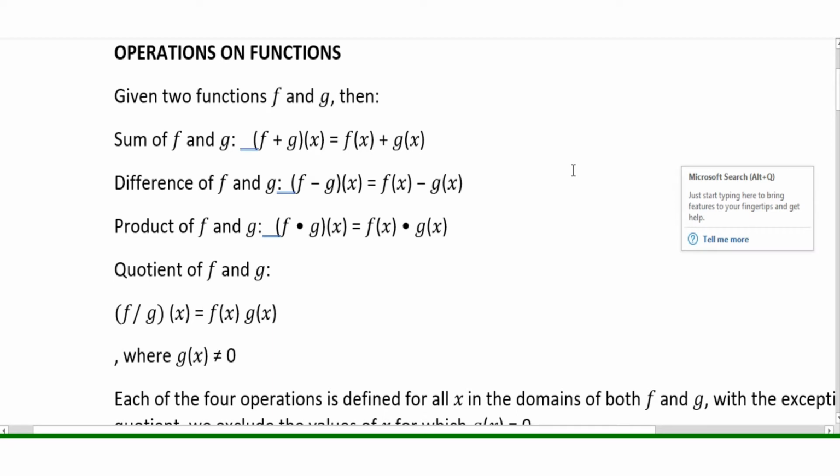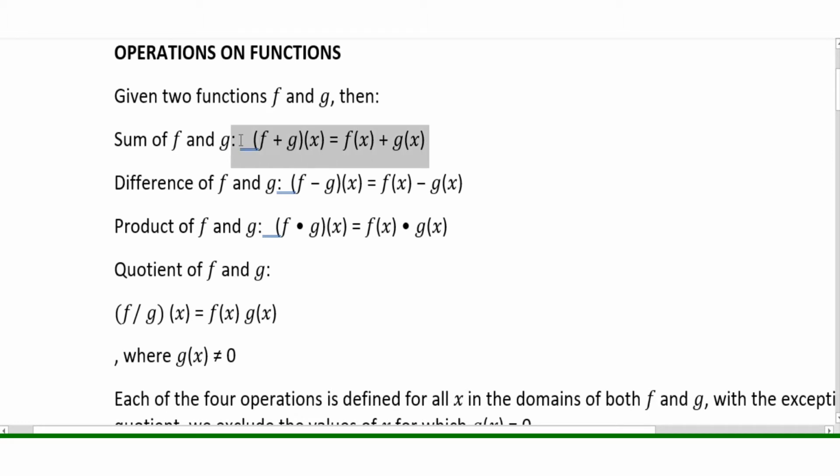Given two functions f and g, we can perform the four basic operations, which can also be performed on integers. I hope that you will practice all the skills you learned last time about adding functions. You'll just add as is.